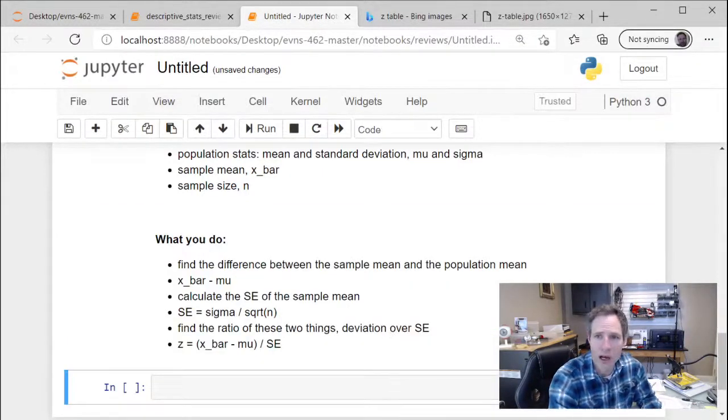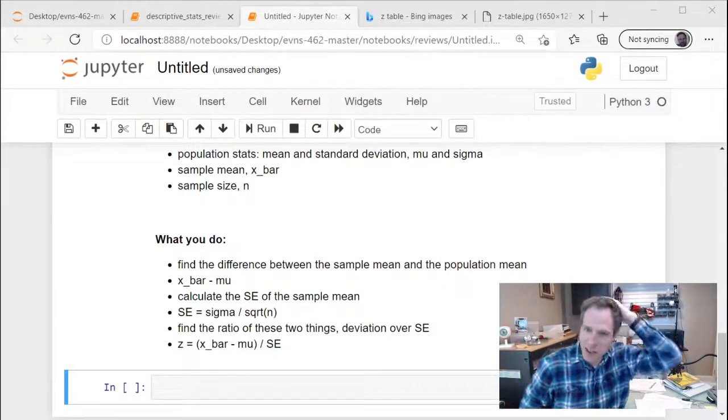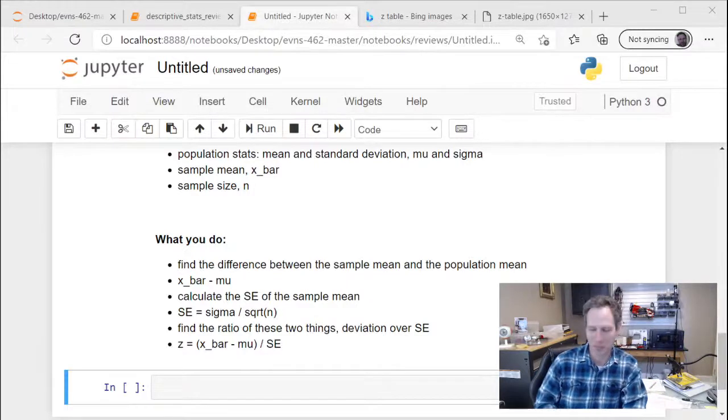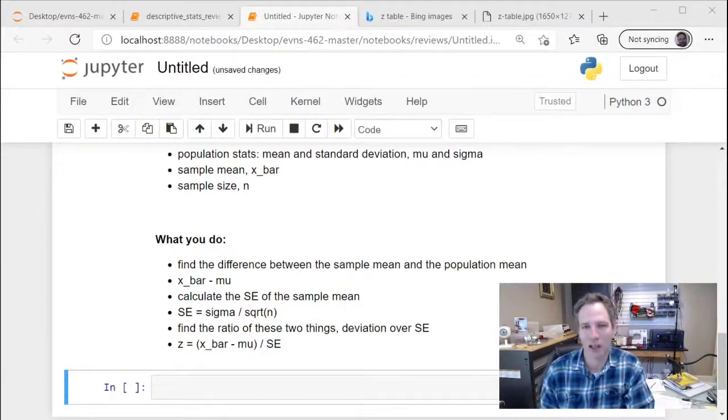Okay, so in practice, will you ever actually calculate a z statistic? Well, you will when you take the exam. You'll have to calculate this once. And then after that, well, if you ever do a z-test, which you probably won't, because of the underlying assumptions, you could use a built-in Python function.